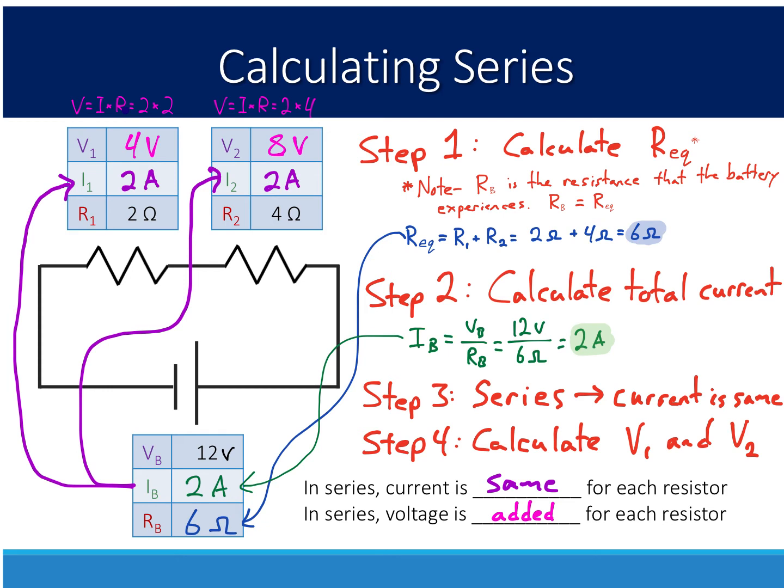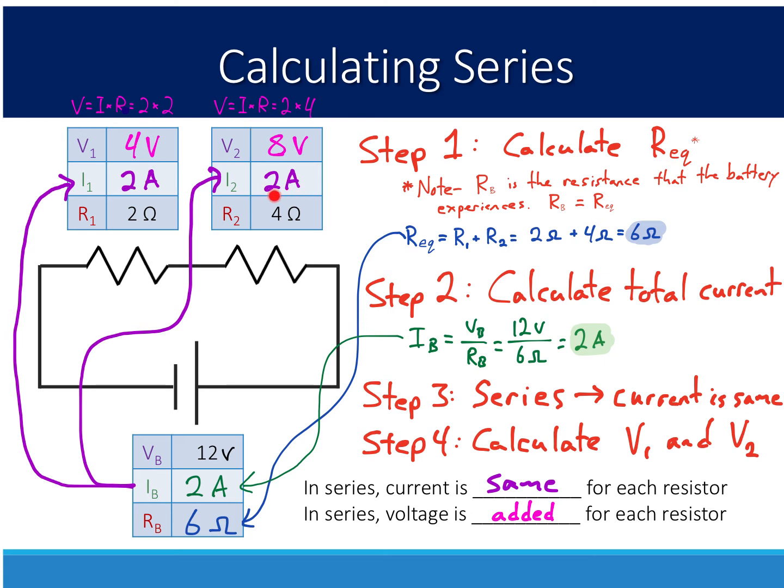I know that the current in series is the same, so then I can come back to Ohm's law, plugging in I times R, current of 2 amps times the resistance of 2 ohms, gives me 4 volts. 2 times 2 is 4. To find the voltage in the other resistor, I'm going to do the same thing.